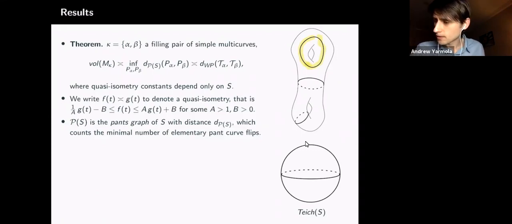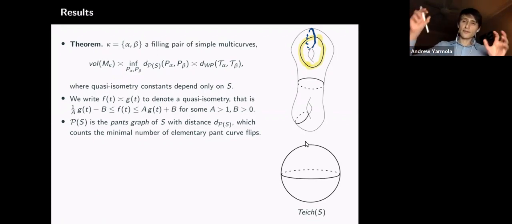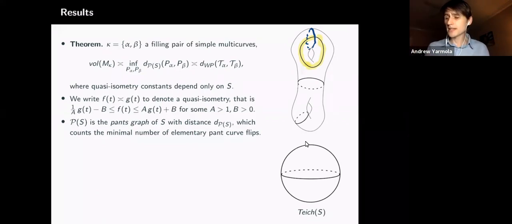So for example, the standard one right here. And there are actually infinite choices for curves that intersect it exactly once. You can think of all the Dehn twists of the blue curve under the yellow curve, right? And that gives you a new Pants decomposition. And in the Pants graph, that is just one edge of length 1. And so if you have two Pants decompositions, there's naturally a minimal length path between them, and that gives you this distance in the Pants graph.